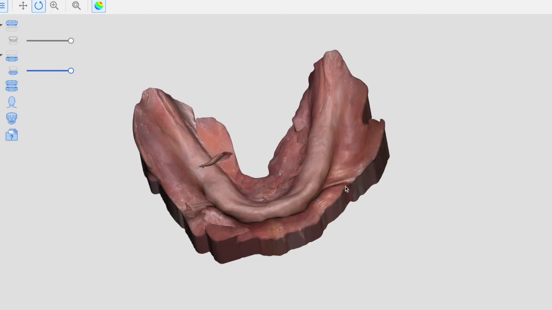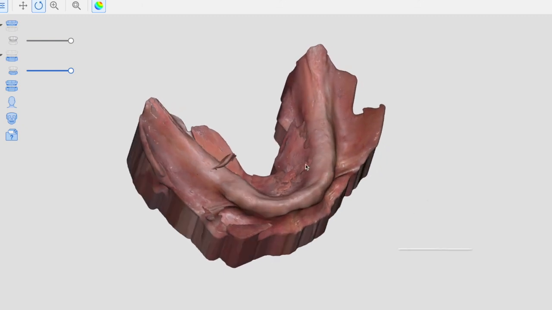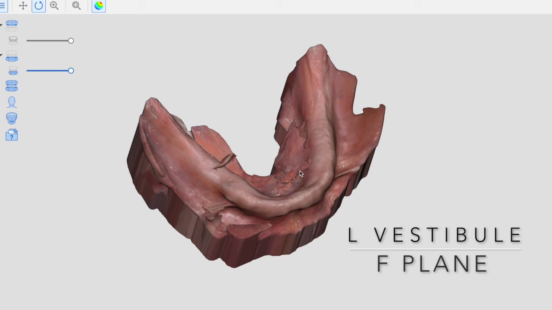And then going to the lingual side, on the lingual side is the lingual vestibule or F plane. This F is the floor of the mouth, and the initial F we call the F plane, on this lingual vestibule right here, from here to here.